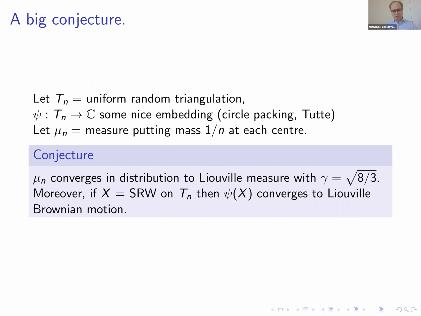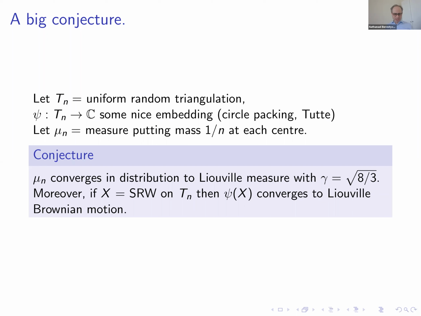So here's maybe the kind of conjecture we're trying to talk about here. If you've got, let's say, a uniform random triangulation and psi some nice embedding of the triangulation into the complex plane, could be circle packing, it could be Tutte, it could be something else, then the conjecture says the following: you can put mass 1/n at each vertex drawn into the plane.